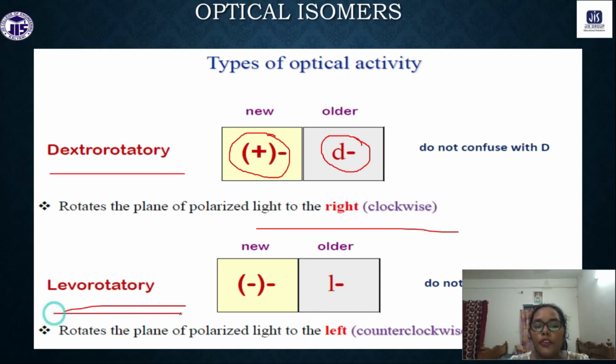If it is levorotatory, the direction of rotation of the plane polarized light will be anti-clockwise. So in the older version we denoted it by L, but nowadays we denote it by the negative sign. Okay, so this is dextrorotatory and levorotatory, depending on the rotation of the plane polarized light.